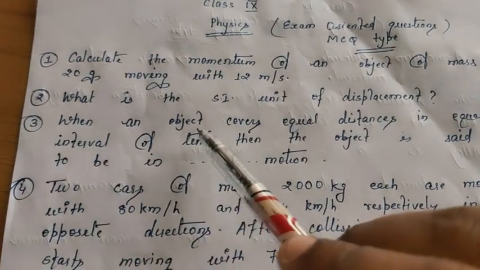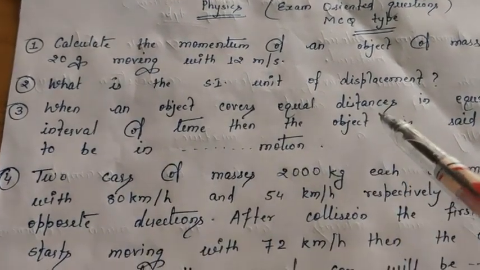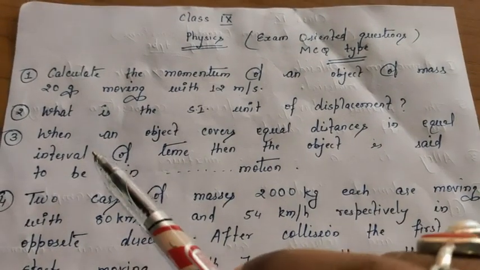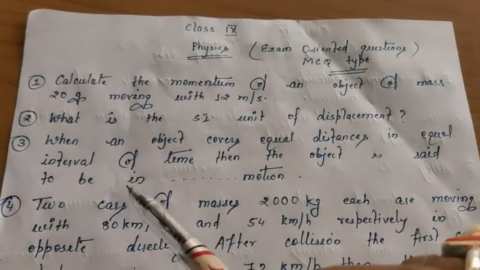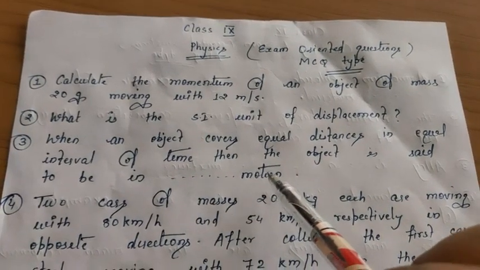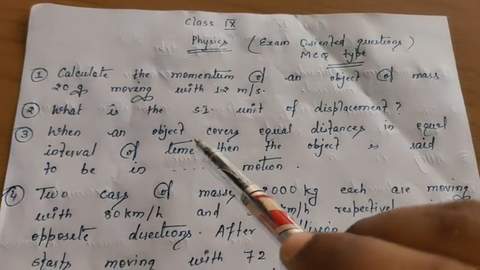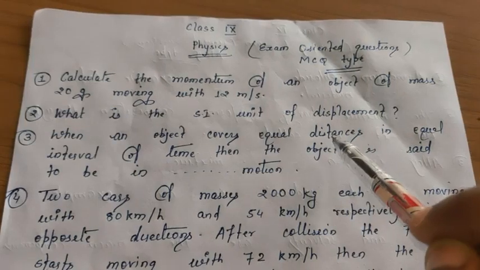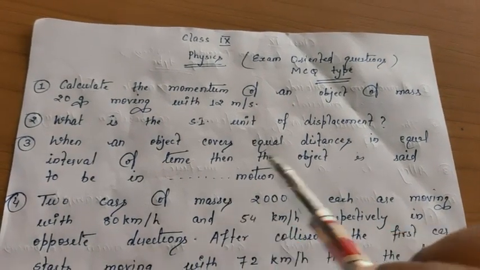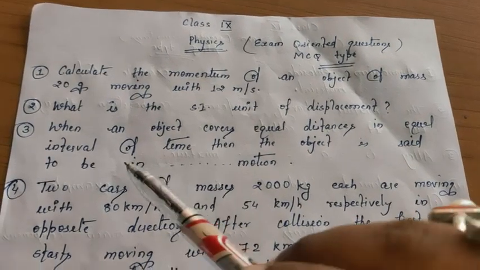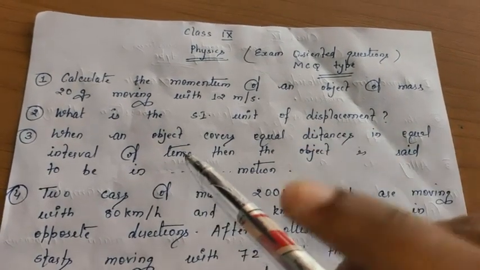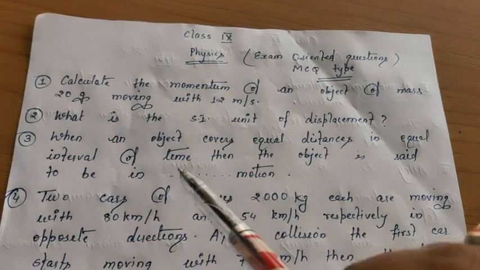When an object covers equal distances in equal intervals of time, then the object is said to be in dash motion. Which type of motion is this? You have to search only one correct option out of the 4 options given.